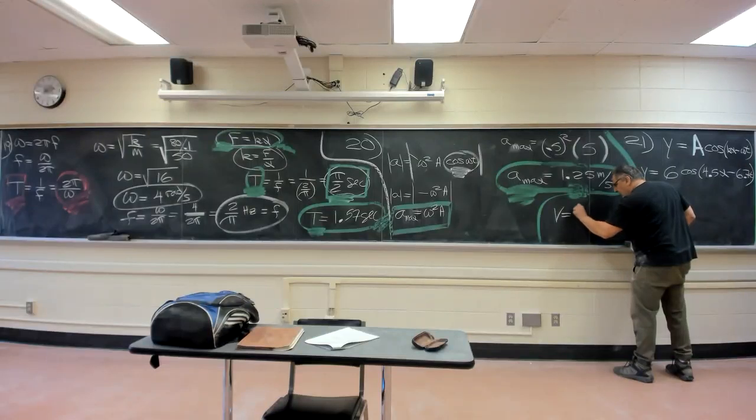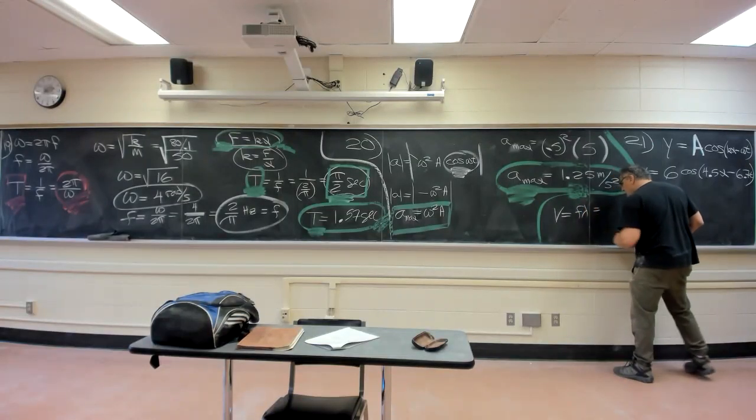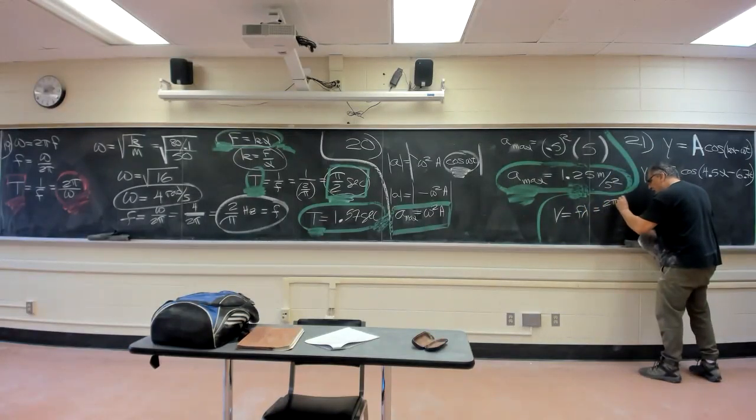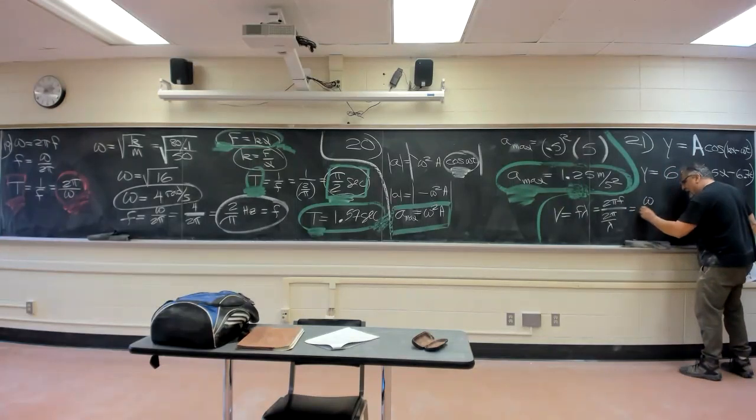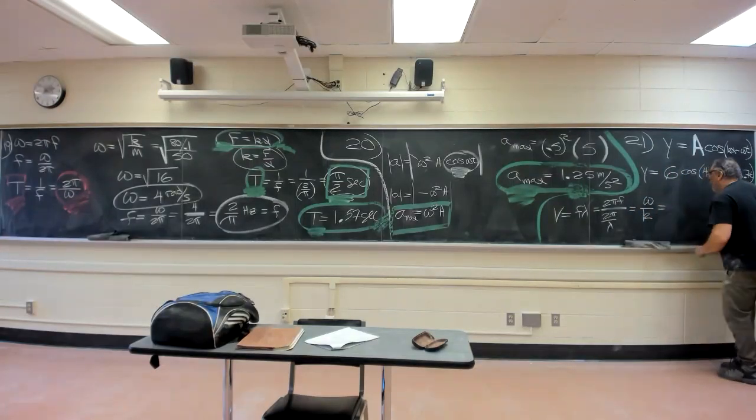We know that f times lambda, which is the same as 2 pi f over 2 pi over lambda, is equal to omega over k.